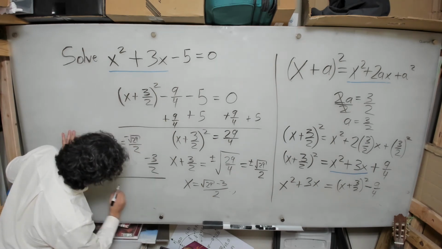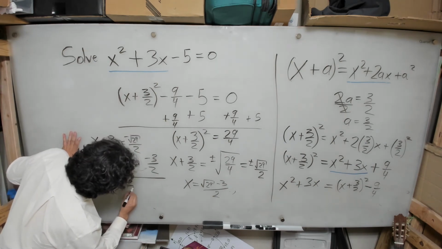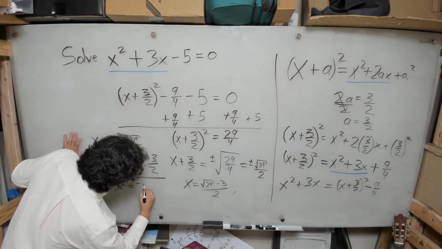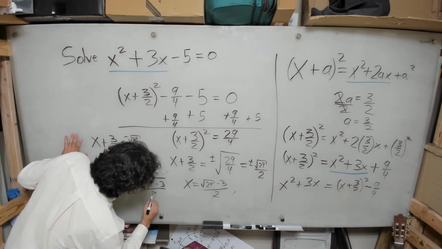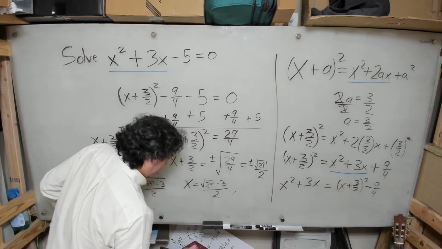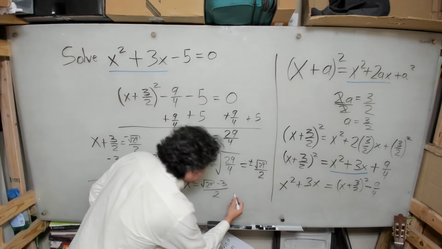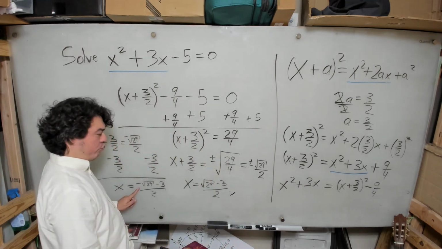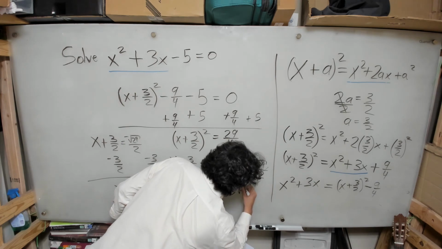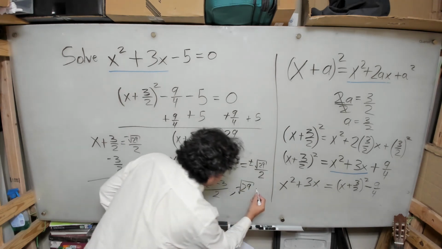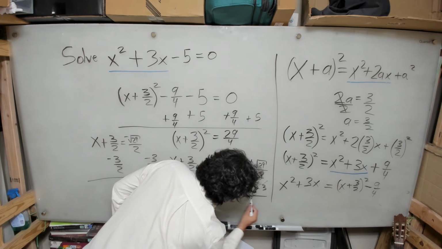And I get that x is going to equal negative square root of 29 minus 3 over 2. And so that gives me, finally, my second solution as negative square root of 29 minus 3, all of that over 2.